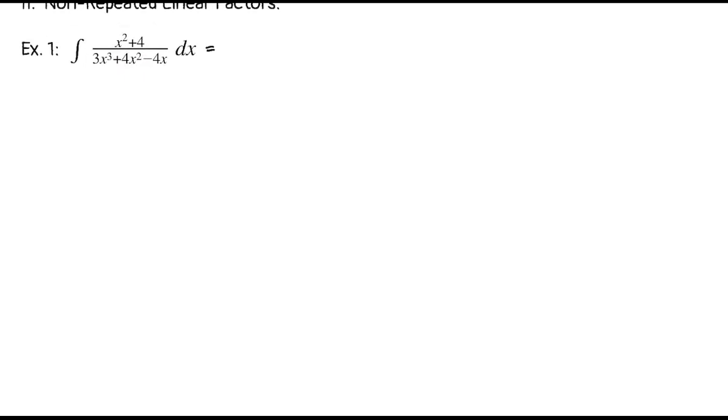So let's take a look at this. I've got my x squared plus 4 in the numerator. I'm going to leave the numerator alone for right now. And I look at the denominator and notice that it's cubic, but before I panic, I'm thinking, is there a greatest common factor? And there is. I can factor out an x, and then I'm left with 3x squared plus 4x minus 4 dx.